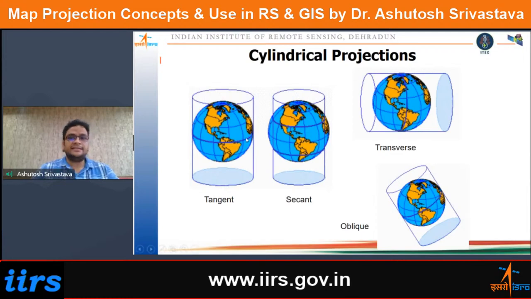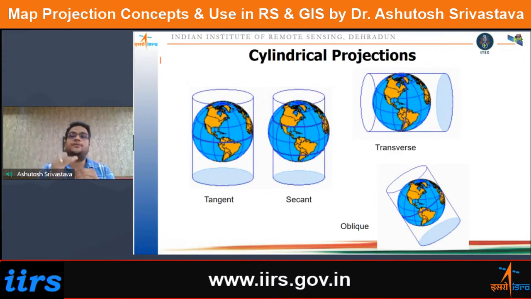Now wherever it is touching, after projection onto this wall of this cylinder or any other cone, when you unwrap it, there will not be any distortion along this line. So this is called a standard parallel.